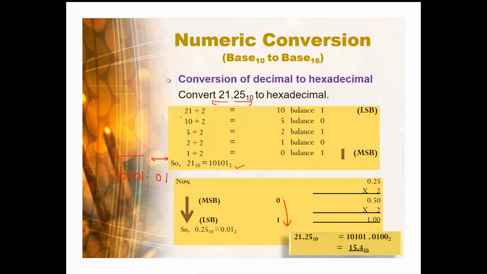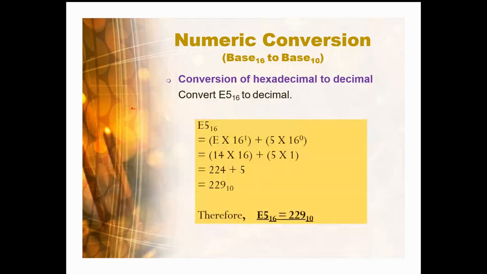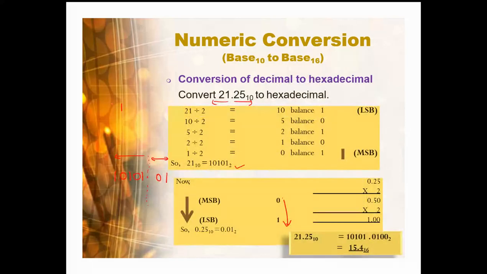Okay, so kita tahu dalam hexadecimal, one hexa equals to 2 to the power of 4. So maknanya satu digit of hexa adalah bersamaan dengan 4 digit dalam binary.